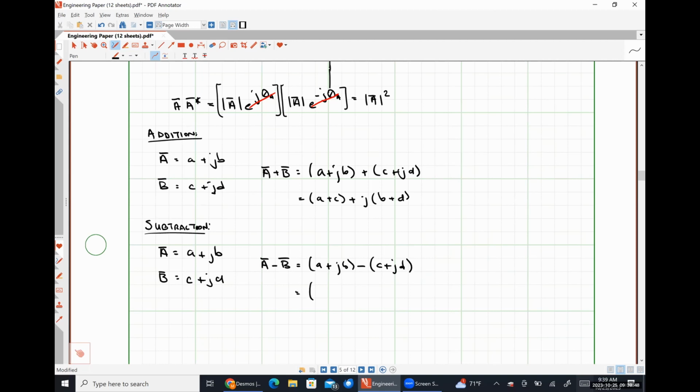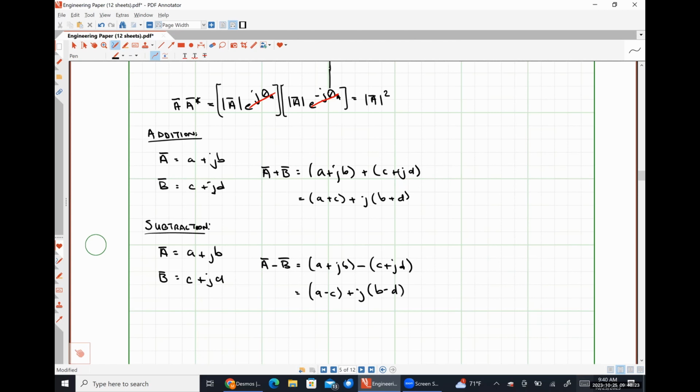So that's going to look like a minus c plus j times b minus d. There is not any remotely easy way to do addition or subtraction using complex numbers in exponential form or polar form. That being said, your calculator can do it all day long. Just by hand, you want to do it in rectangular form.